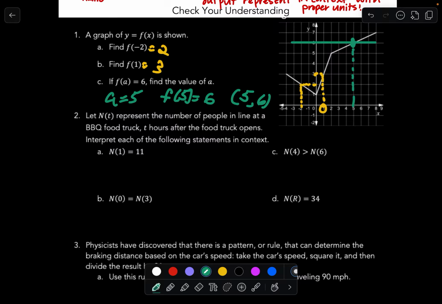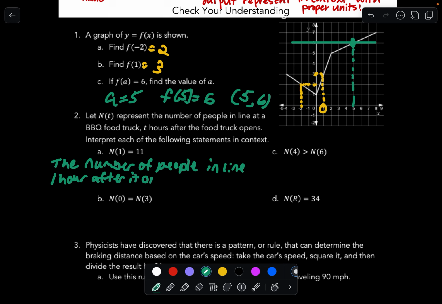What this means, in context of this problem, is that this literally means the number of people in line, because that's what it says, in line, 1 hour after it opens, there are, what does it say?